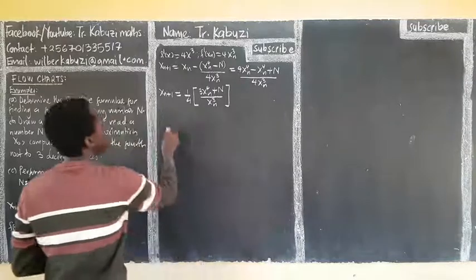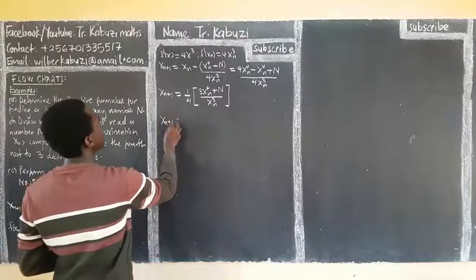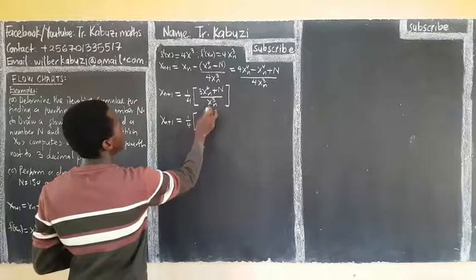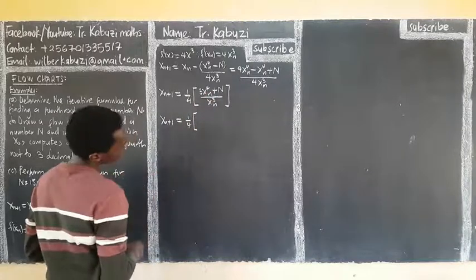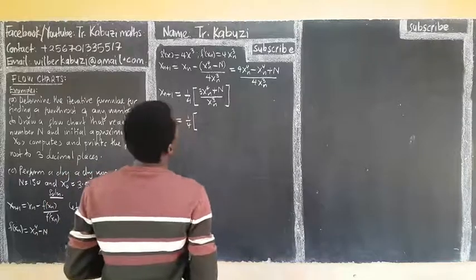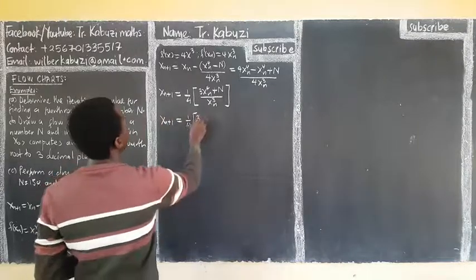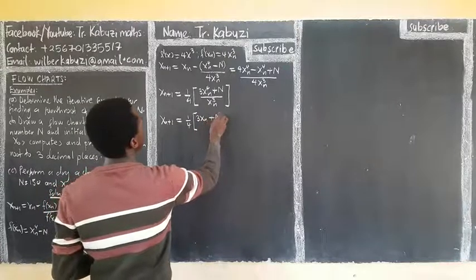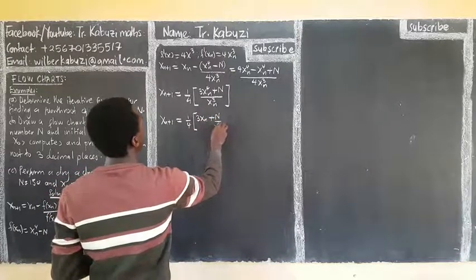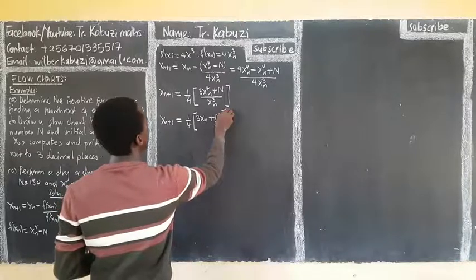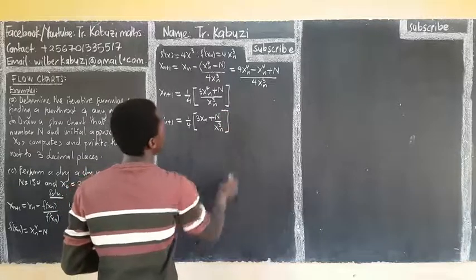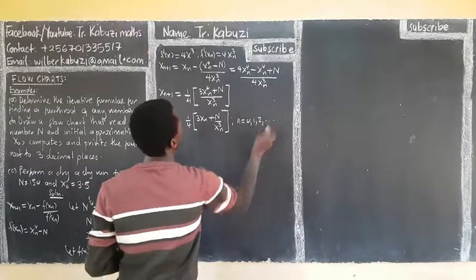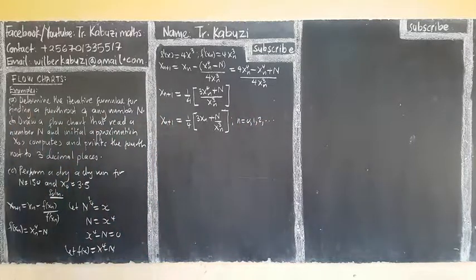So if you simplify, our xn plus 1 is going to be 1 over 4, now divide that xn there, we shall be having 3xn plus n over xn^3. And that is going to be our iterative formula, which defines for n equal to 0, 1, 2, and so on. So now we have generated that formula.